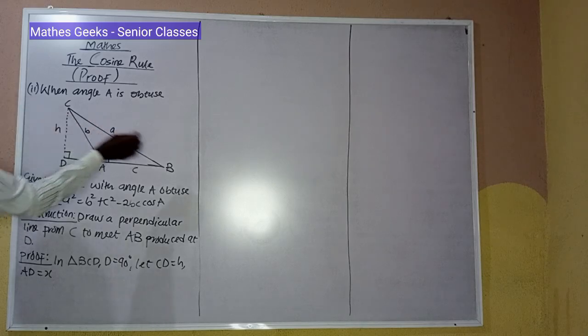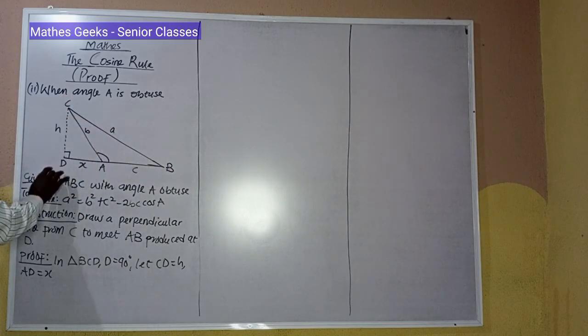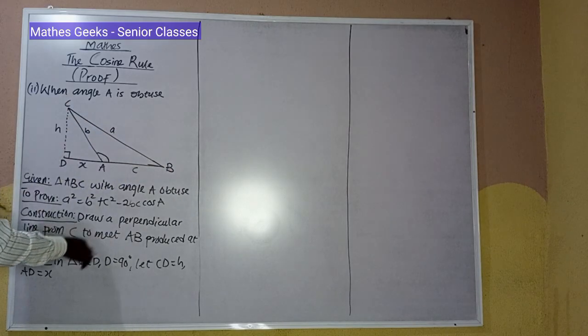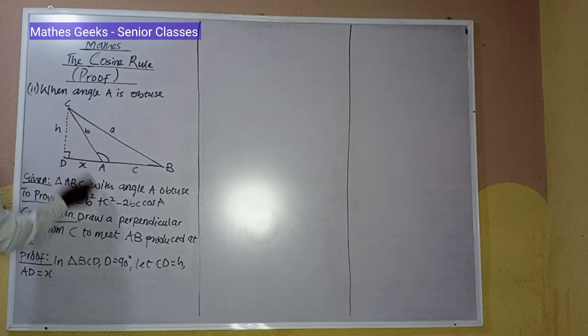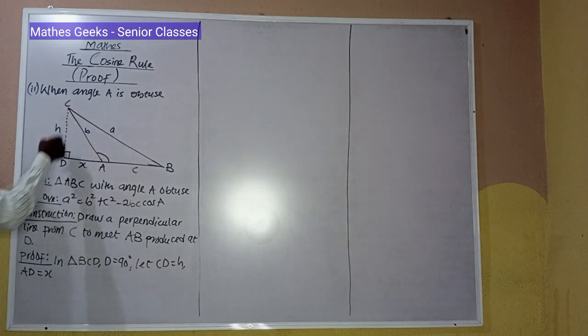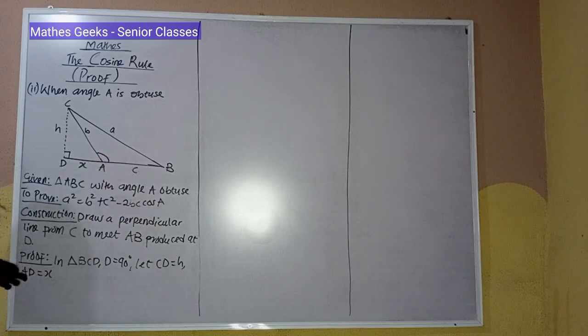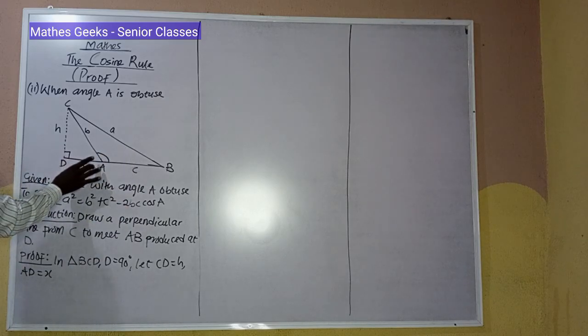So first of all, our focus is triangle BCD. In triangle BCD, D is equal to 90 degrees, which is this angle. So let's say CD, which is the height of the triangle, is h, and AD is x.